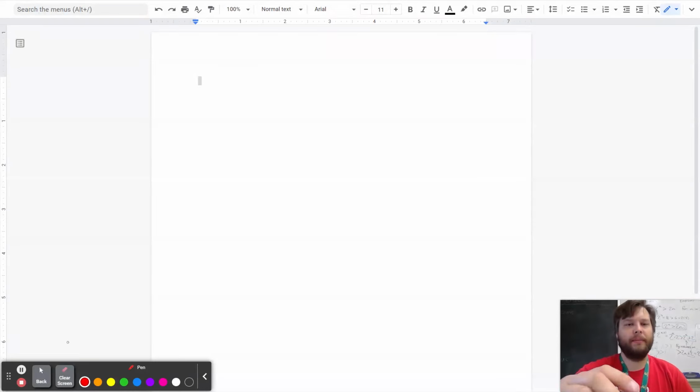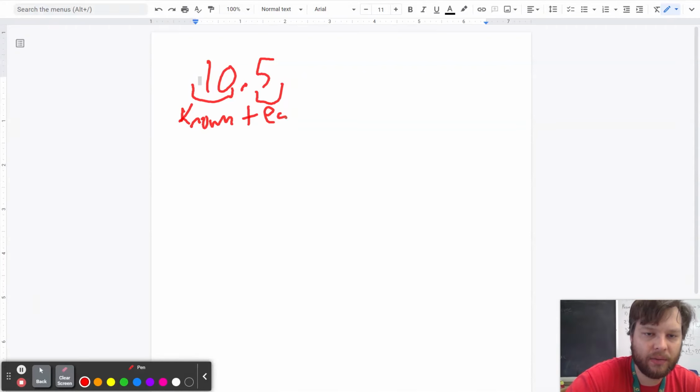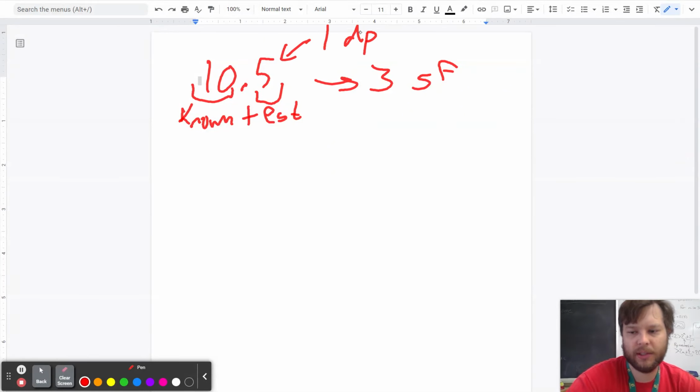So if I look at a number like 10.5, what I'm saying is these are known plus 1 estimated. And that makes 3 significant figures. This is also the same as saying it's at 1 decimal point. So just be aware, sometimes they'll use DP, sometimes they use significant figures.